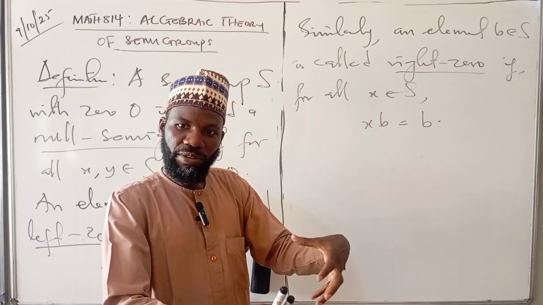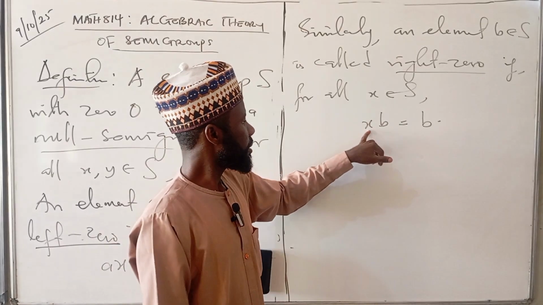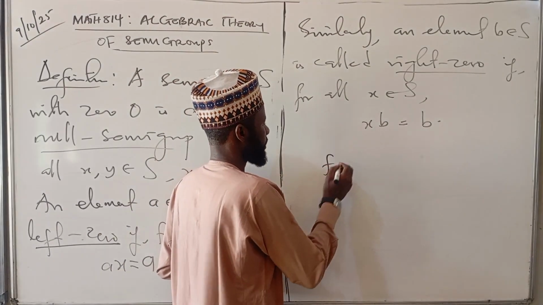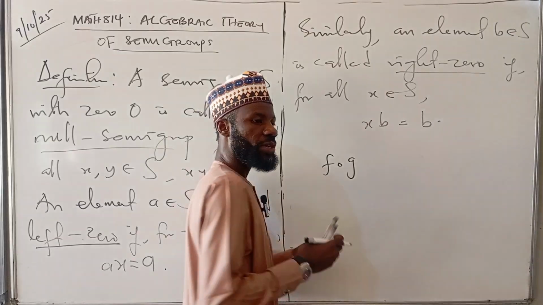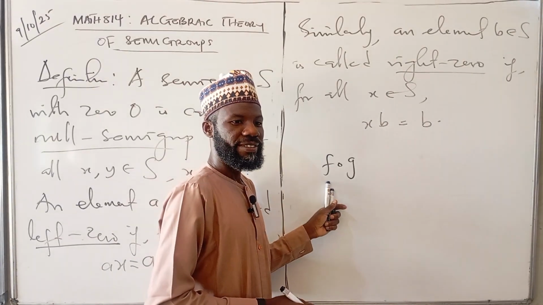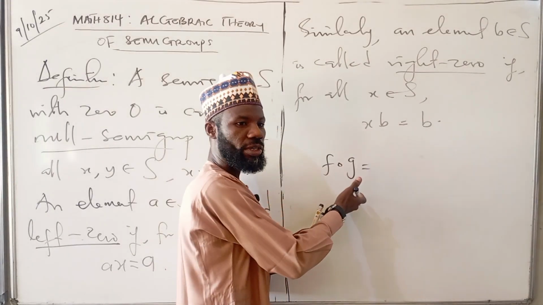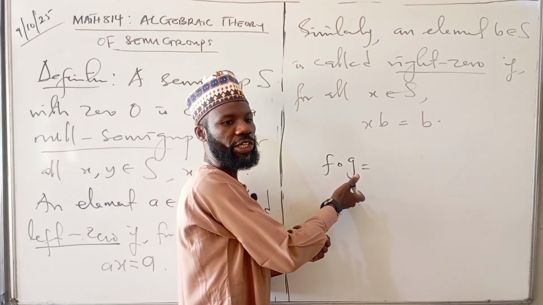So if you are dealing with a semigroup of mappings, and you think of a map F composed with another map G, and this G happens to be a constant mapping, whatever F is, you get everything mapping to that image.